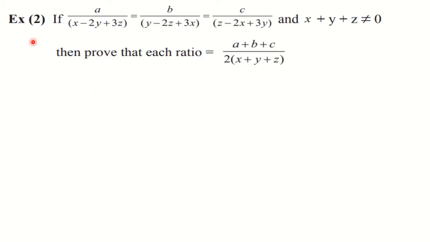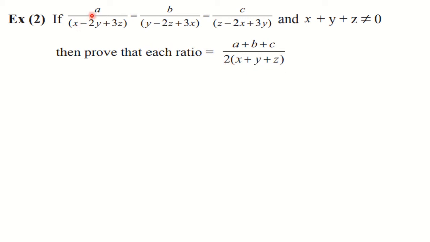Second example, which is different here. If a upon 2x minus 2y plus 3z is equal to b upon y minus 2z plus 3x is equal to c upon z minus 2x plus 3y, and x plus y plus z is not equal to 0, then prove that each ratio is equal to a plus b plus c upon 2 inside the bracket x plus y plus z.